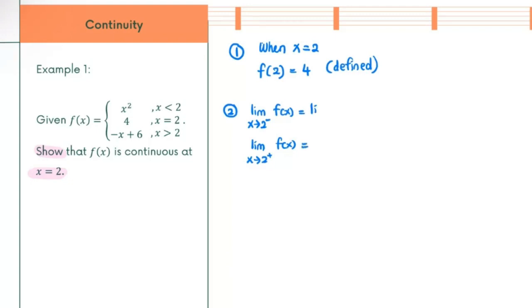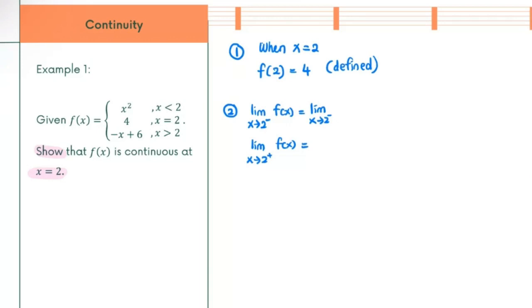Okay, now daripada arah kiri 2, which function yang saya perlu letakkan dekat sini? 2 from the left, is it x square or negative x plus 6? What do you think? 2 dari kiri. Kalau less than x square.